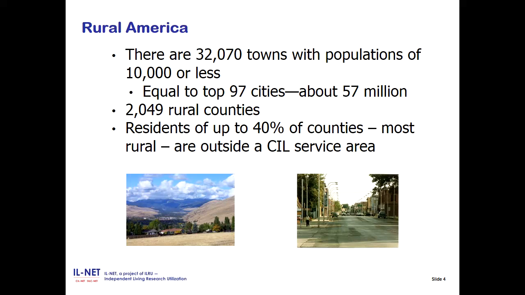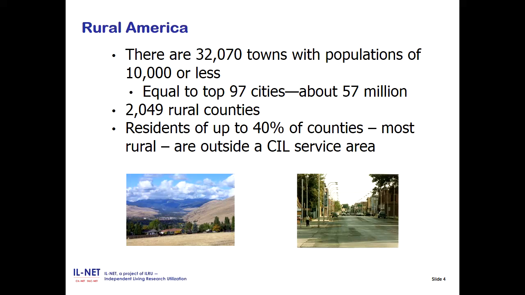Over half of the towns and communities we live in are under 1,000. Those 32,000 towns of less than 10,000 have a population that is equivalent to the top 97 cities in our country. Some 57 million in the cities, some 54 million in those small rural areas.